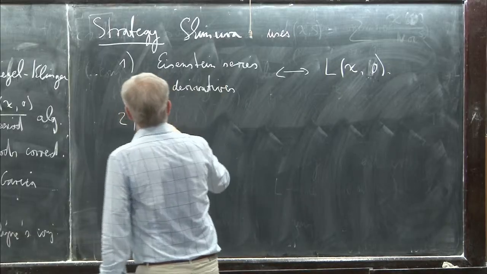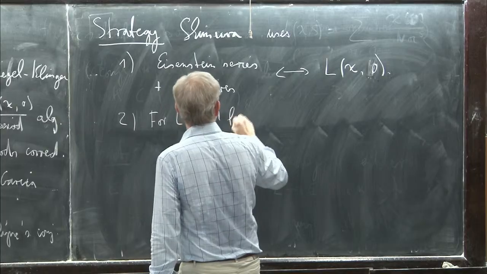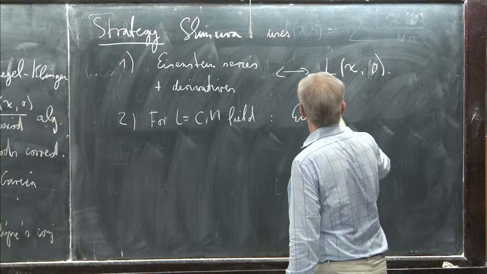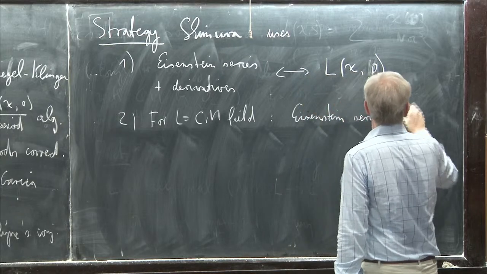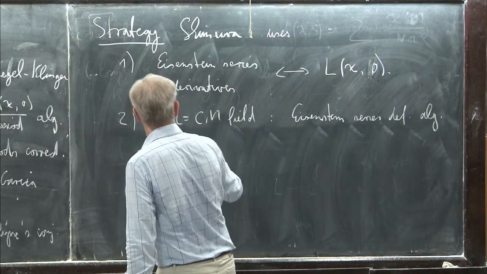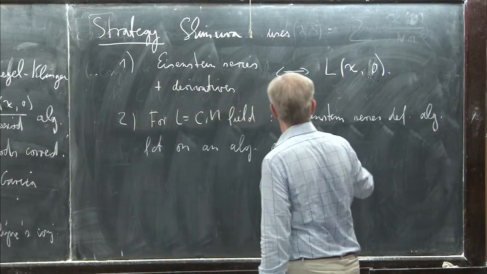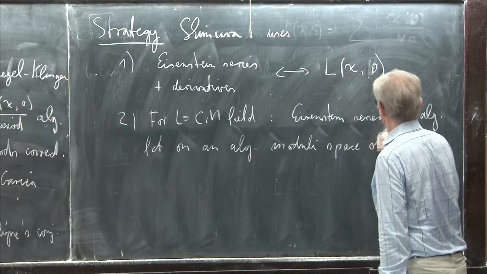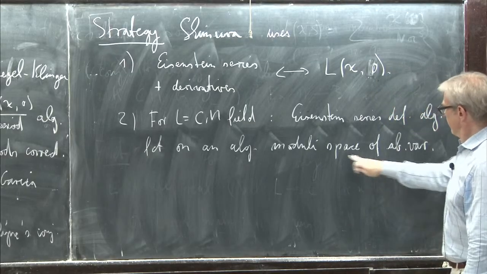For L a CM field, the Eisenstein series define algebraic functions on an algebraic moduli space of abelian varieties.